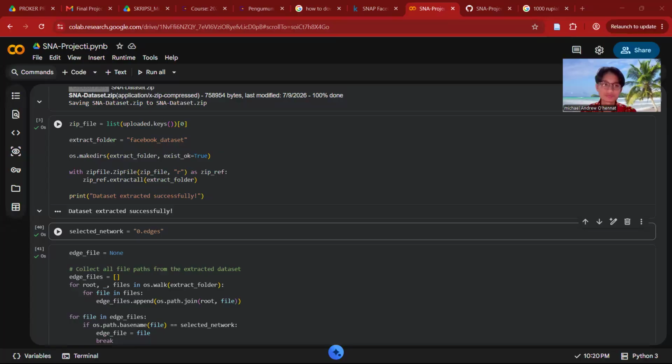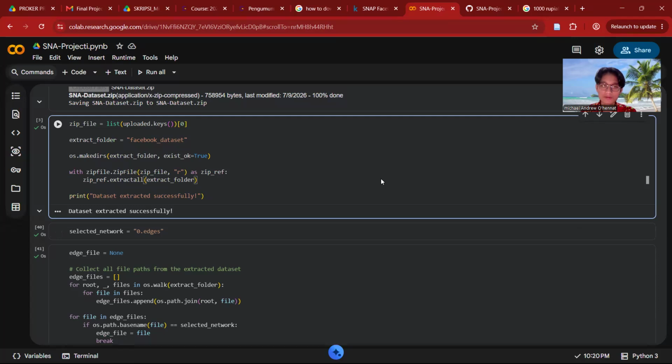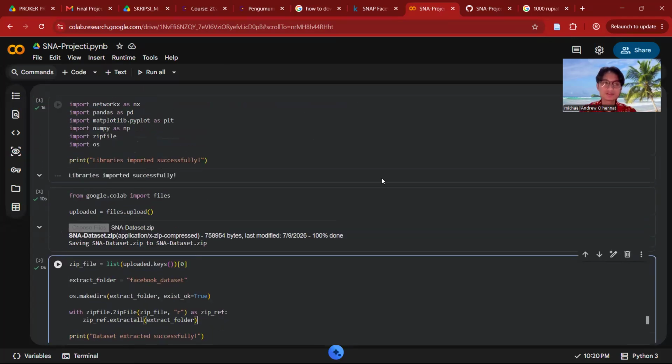Okay, let's continue. So this is what I'm doing for my final project, and I'm going to tell you what it all means, all of the code and the output, and I'm going to explain it one by one.